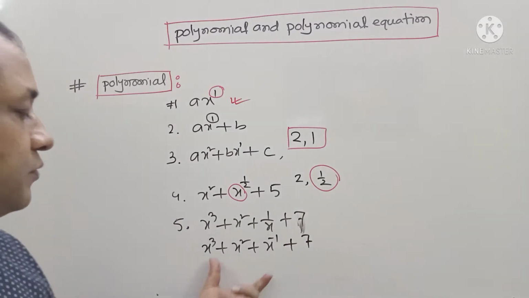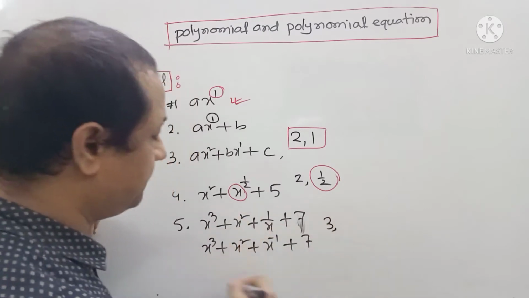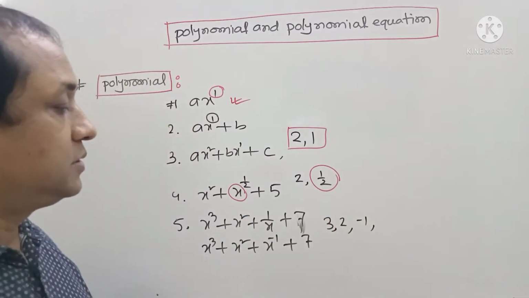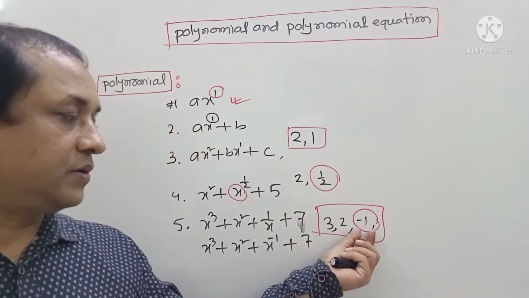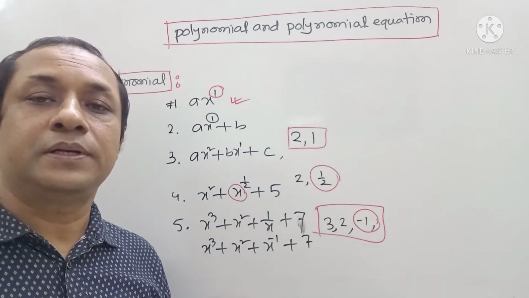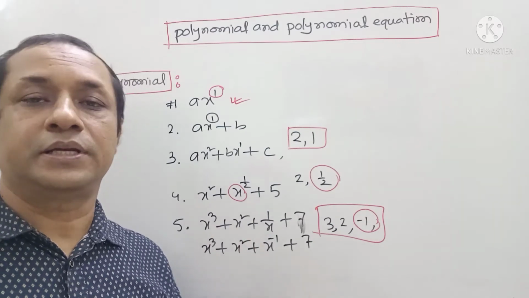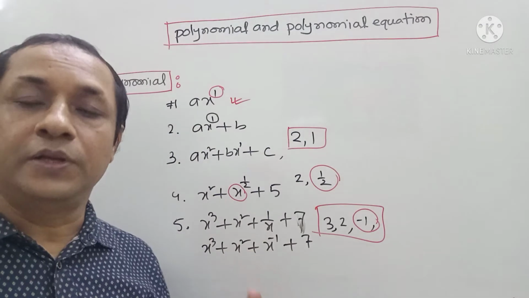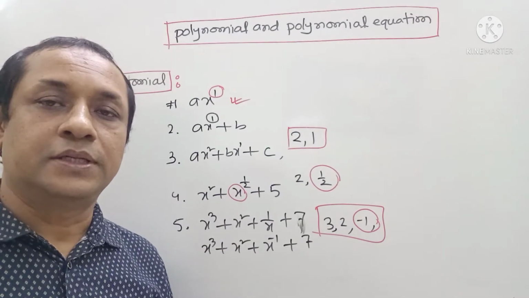Here there are 4 terms. The powers of the variable are 3, 2, minus 1, so here the power of the variable is negative. But the condition for a polynomial is that the power of the variable is always a positive integer or non-negative integer. So it is not a polynomial. I hope you are clear, students.